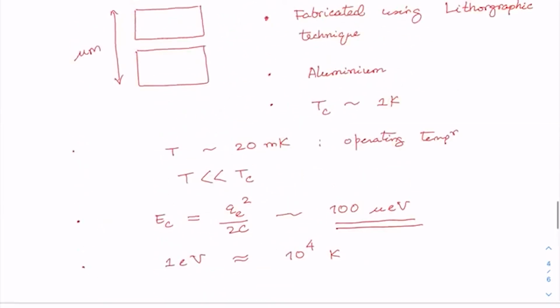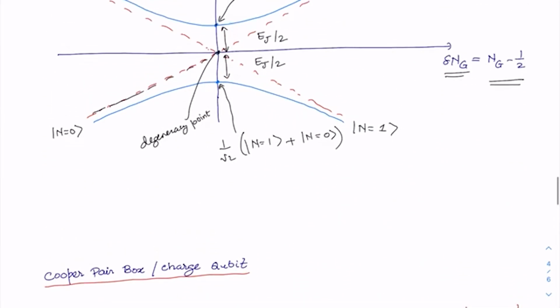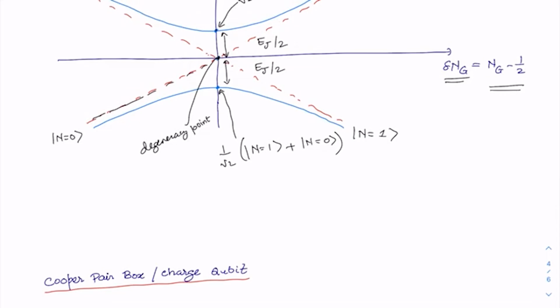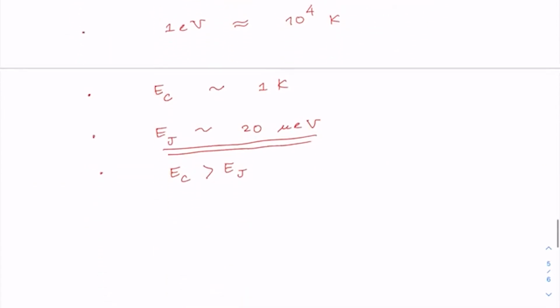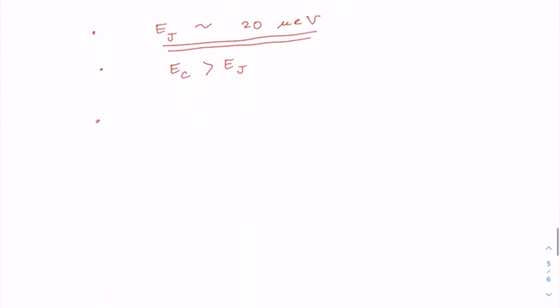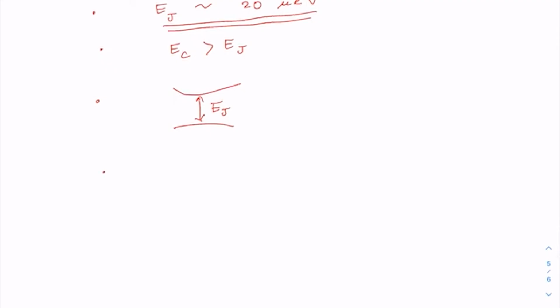Now interestingly, you see the energy gap between the two energy levels at the degeneracy point Ng equal to half is EJ. That is going to be very important. So this energy gap is EJ. Now the operating temperature is 20 millikelvin, so the thermal energy corresponding to this operating temperature, where kB is the Boltzmann constant, turns out to be 2 micro electron volt.